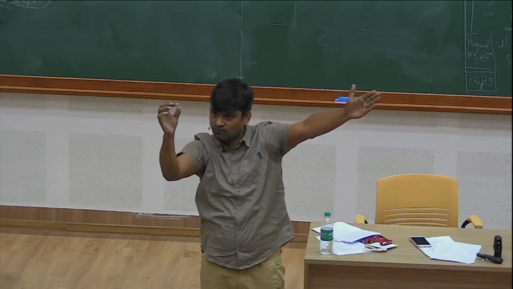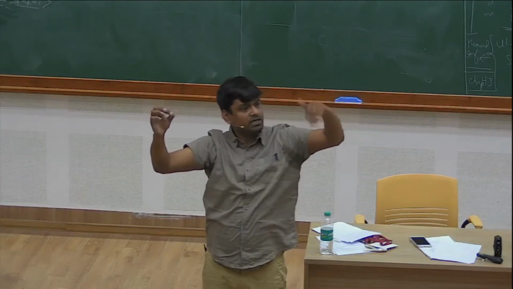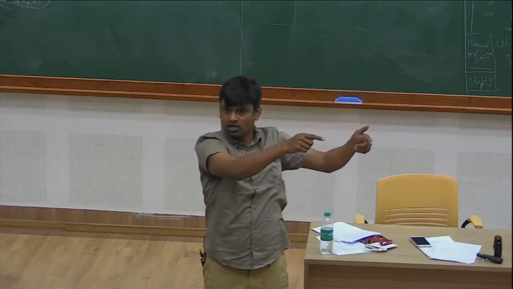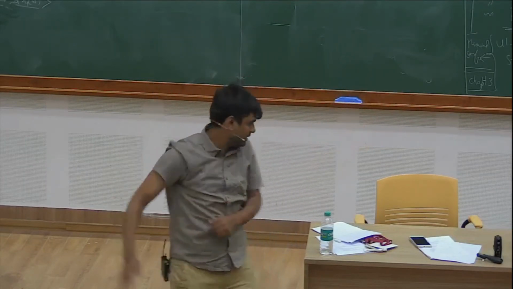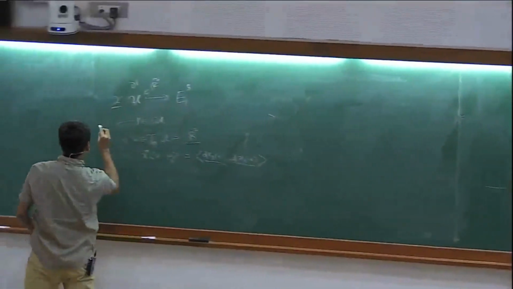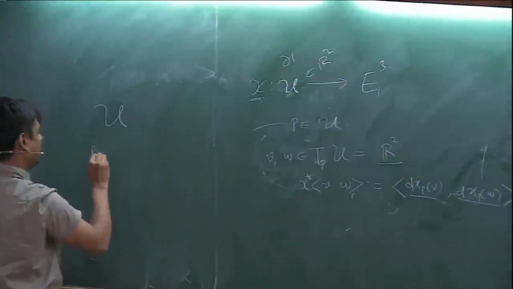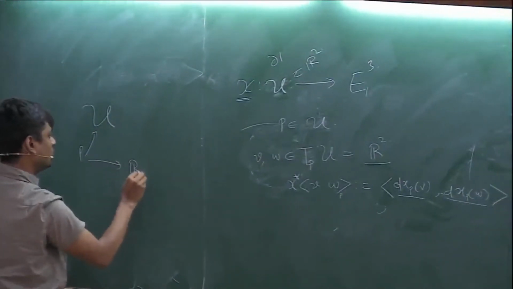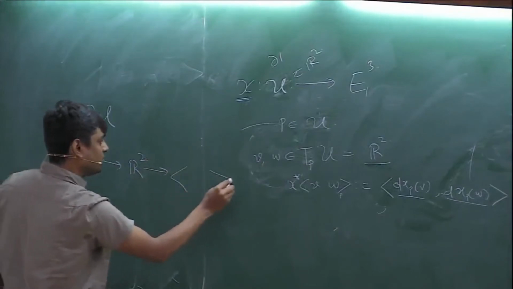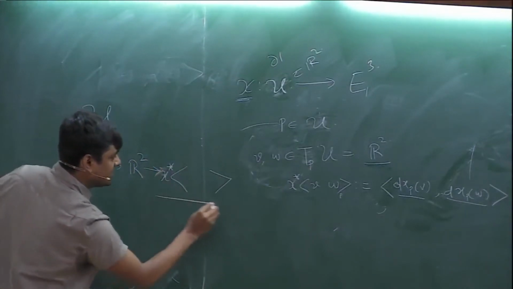In this space you define V comma W as basically dxPV comma dxPW in the Lorentz-Minkowski metric. At every point P you are associating R2 and one metric here.